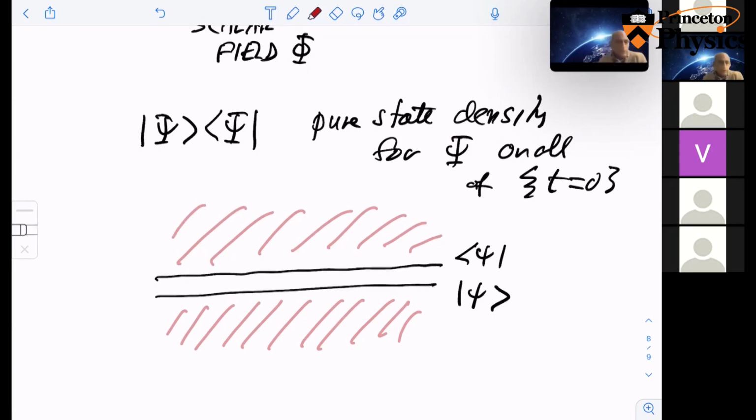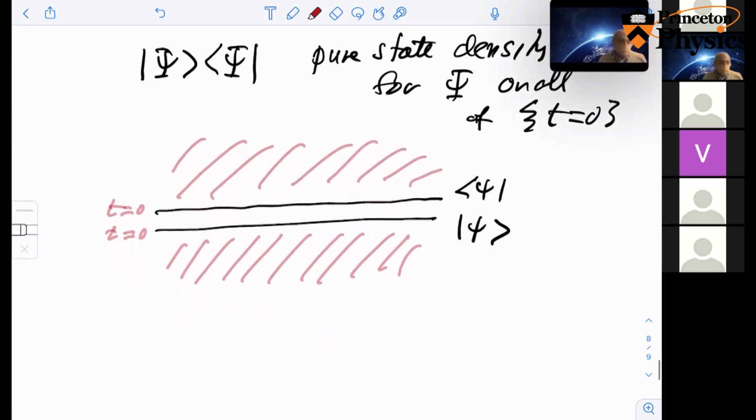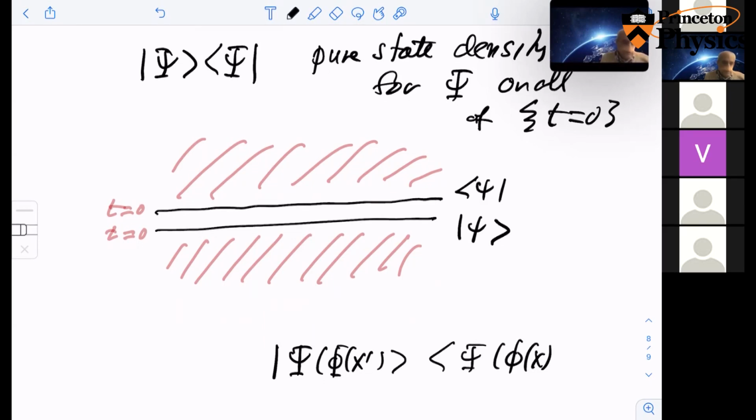Now, in this picture, the two black lines both represent time zero. I've just drawn two copies of time zero because the bra and the ket are both functions of psi of x. Let's say one is a function of psi of x prime, and the other is a function of phi(x), where x lives here and x prime lives here.